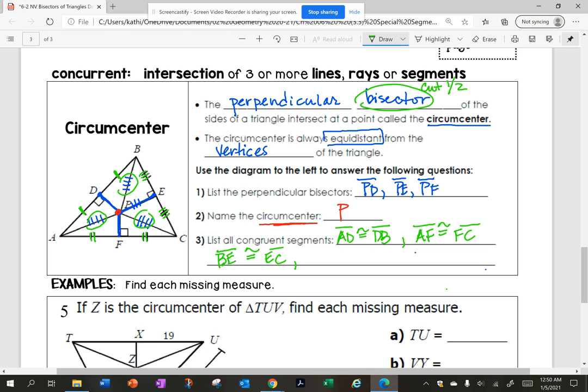So segment AP is congruent to segment AB and congruent to segment AC. Okay, so when I use the word perpendicular bisector or circumcenter, I know all these segments are congruent.